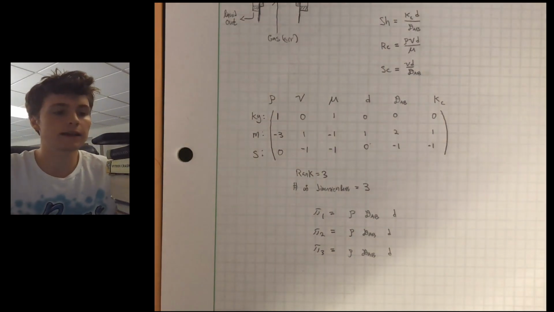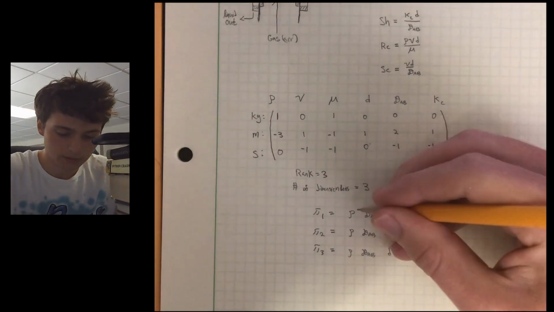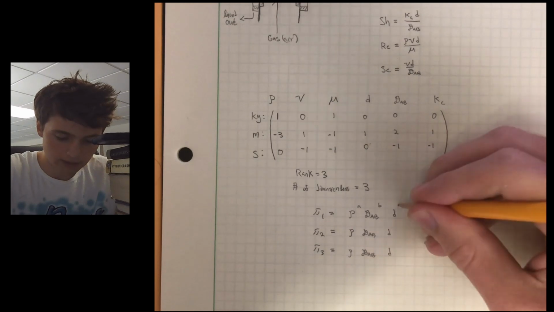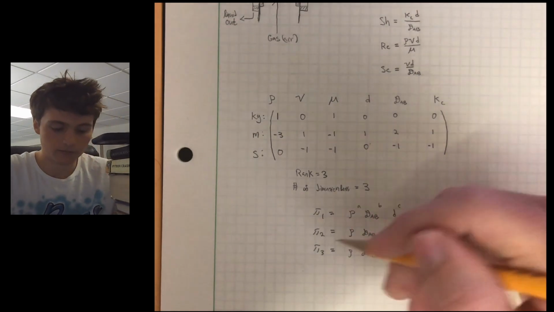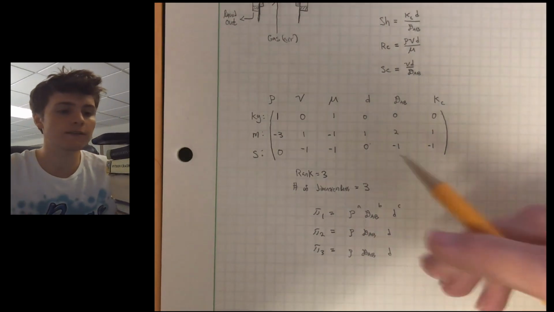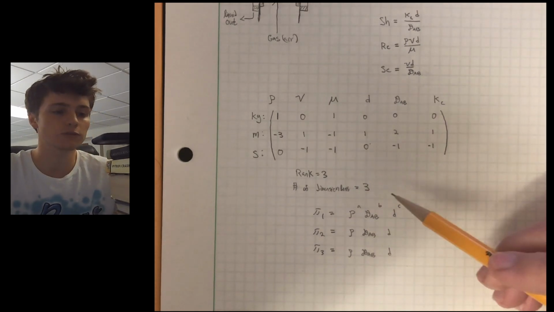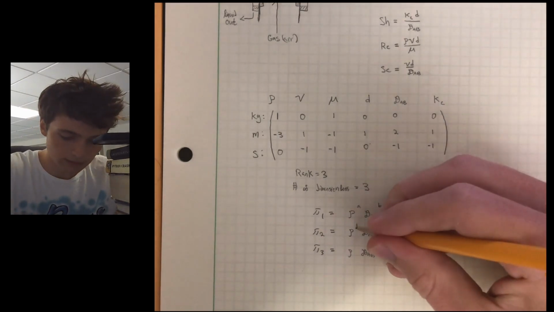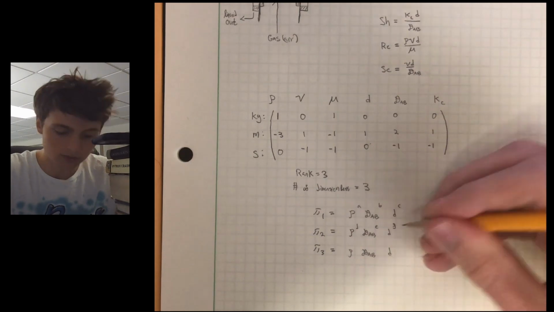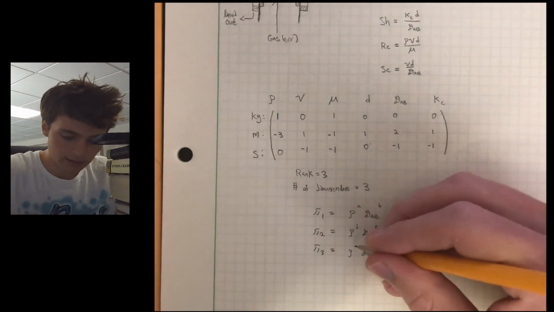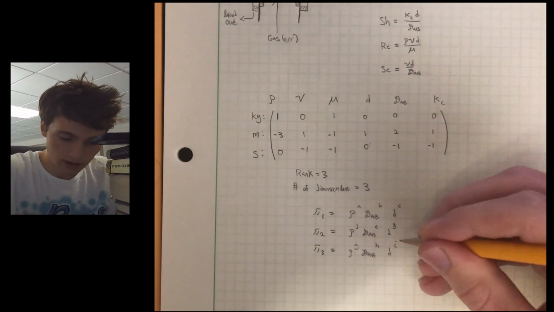And each of these is then raised to some power, so we'll put A, B, and C. And then for the second dimensionless variable, it doesn't have to be the same exponents as in the first one, so we'll just denote it as D, E, and F, showing that they can be different. And then G, H, and I.